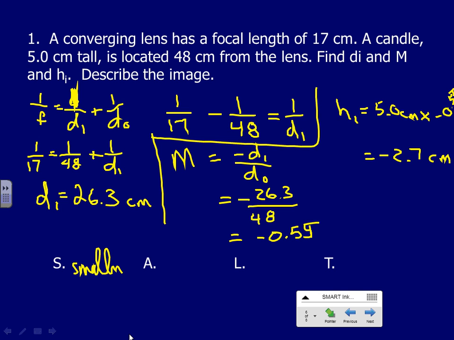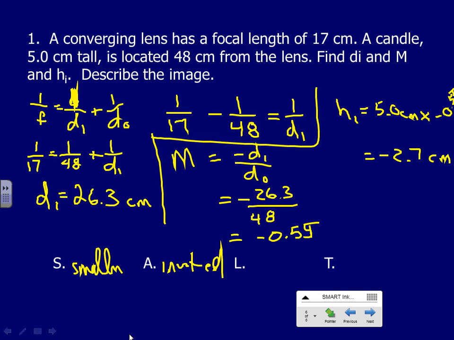Attitude. Yep. Inverted. And how'd you do that? What'd you look at? The negative on the magnification. I like it. Location. We can be very specific here. When we're doing the SALT and we're doing it with an equation, you can tell me the exact distance.